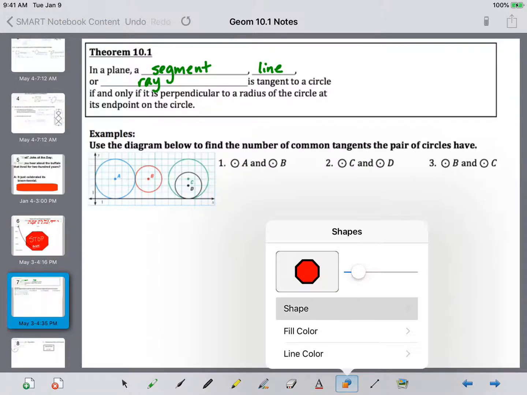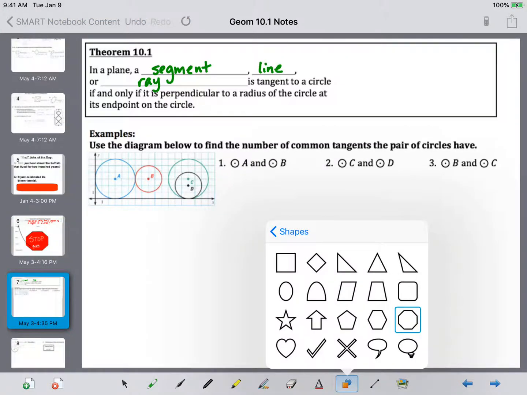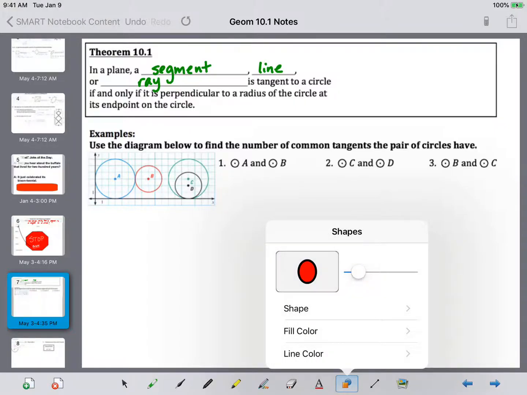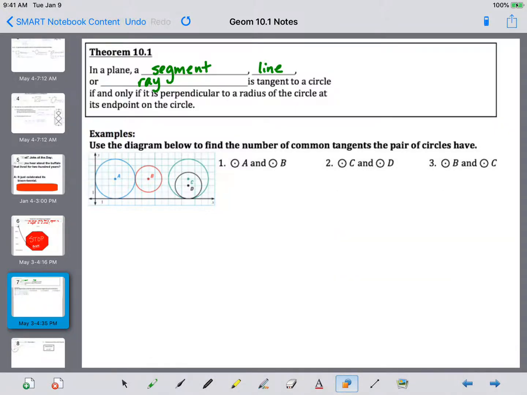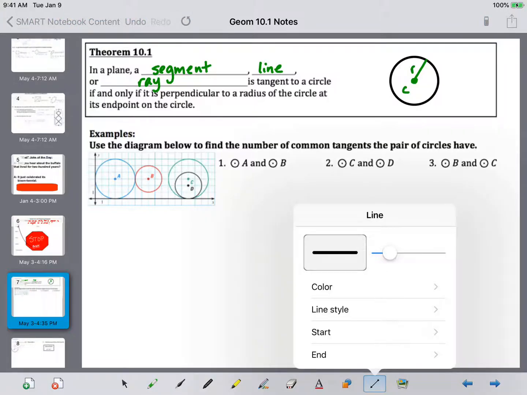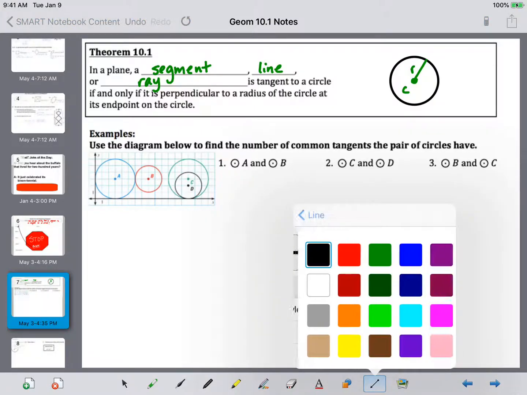That's kind of confusing, and I think it might help if we draw a picture. So I'm going to draw a circle here. Let's put the center here, call that point C, and this here would be the radius. So I can call that R for radius. And if you have a segment, a line, or a ray, I'm actually going to do a line. So let's put some arrows on the end of this, and we'll do that in red.